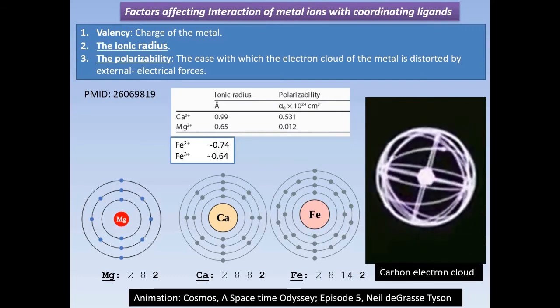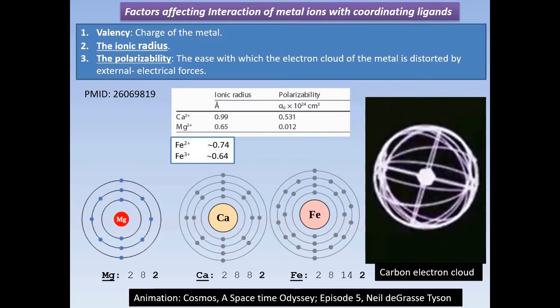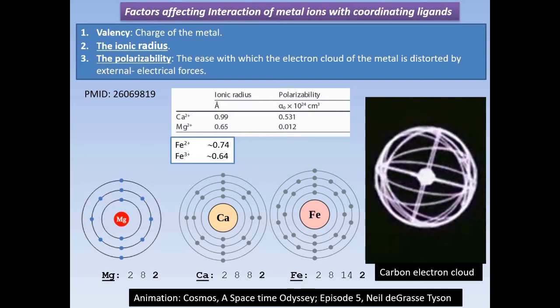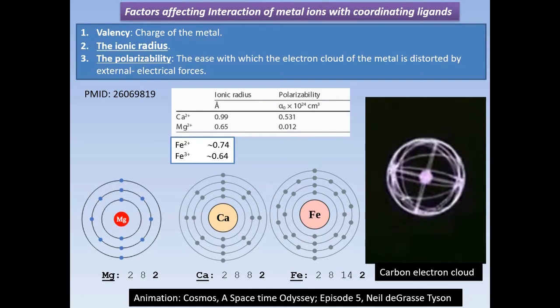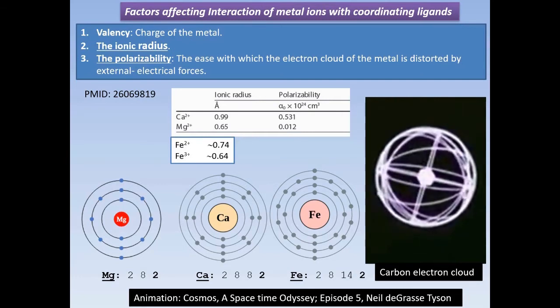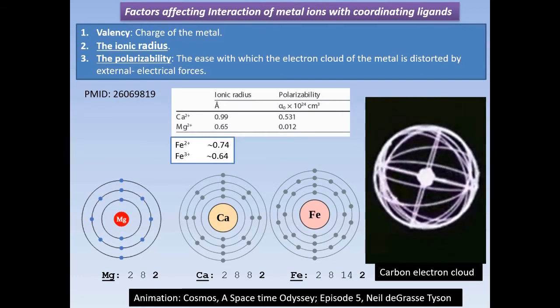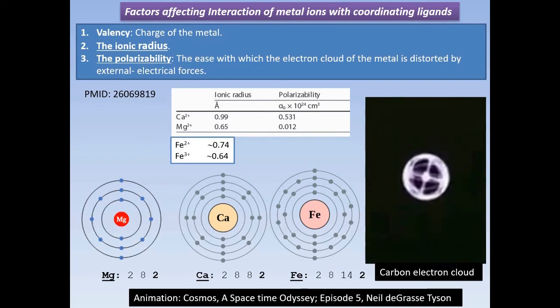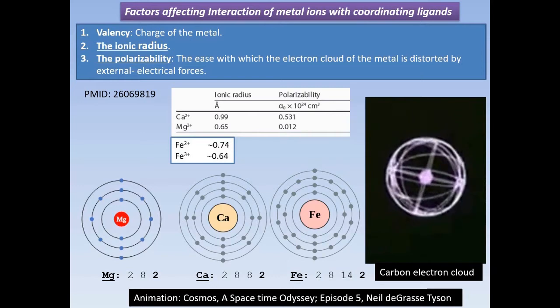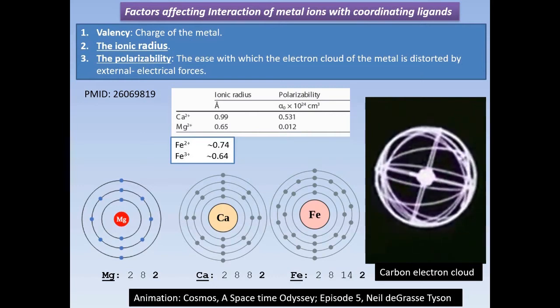The next factor is polarizability, the ease with which the electron cloud of the metal is distorted by external electrical forces. It is important to note that the outermost electrons in the metal ions interact with electrons in the ligand molecule or atom in a coordination complex to form a stable structure.